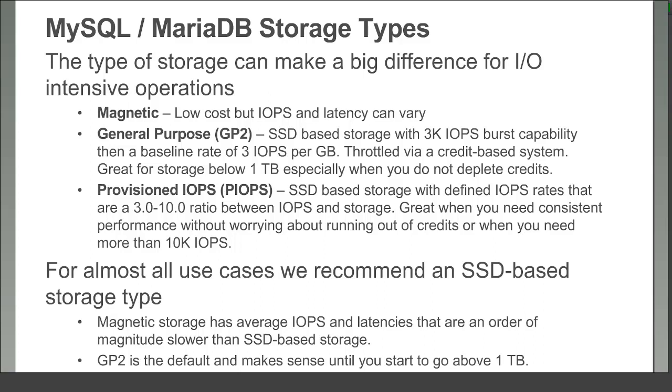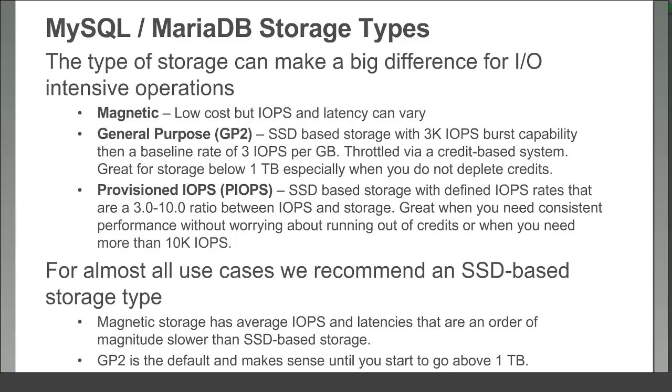And so if you need something more than 3,000 IOPS, or if you need consistent IOPS delivered all of the time, you're going to want to take a look at the provisioned IOPS type of storage. This is also SSD based, except you get to specify how many IOPS you want precisely, and then we deliver those IOPS to you on a consistent basis.